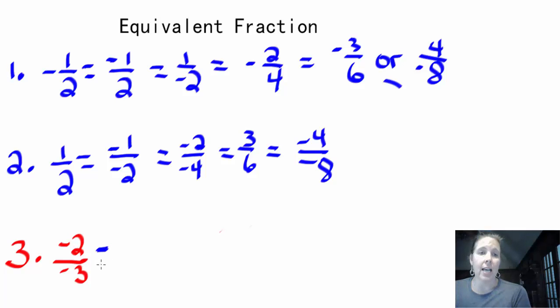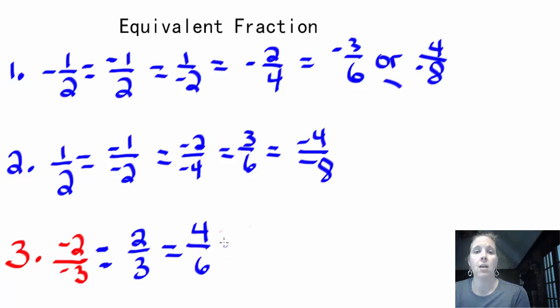If we do the -2 over 3, that could equal just 2/3. It's the same thing. Or it could be 2 times 2 is 4, 2 times 3 is 6. Or you can make it -4 over -6. Okay, so the biggest thing is knowing that the negative can go on the top or the bottom or in the middle. Most of the time when I write mine, it's just in the middle. It doesn't matter where it is.